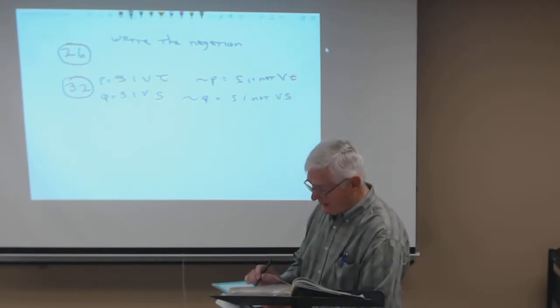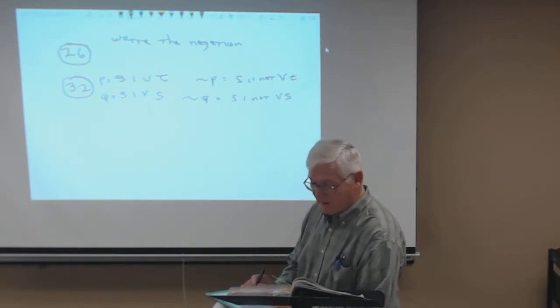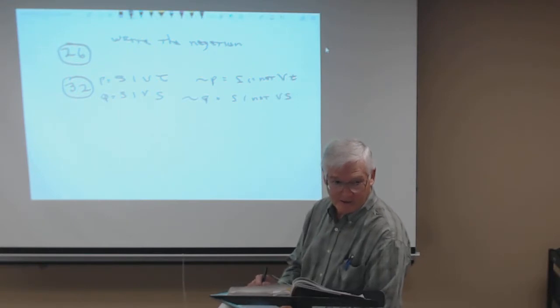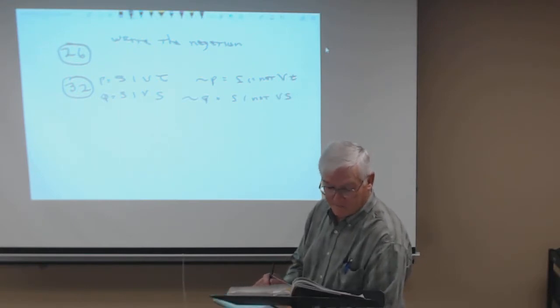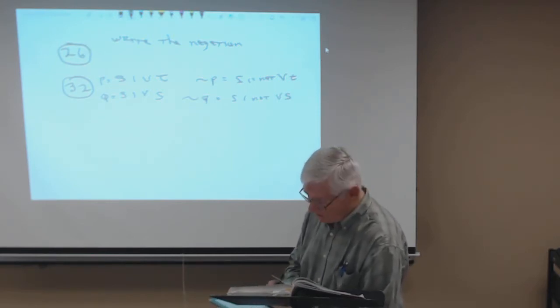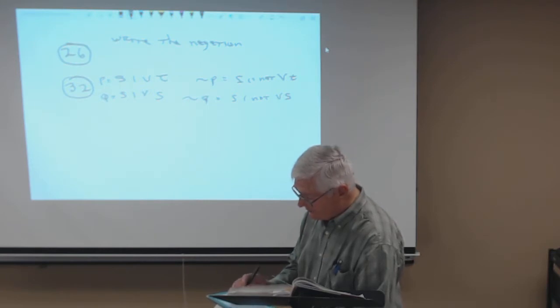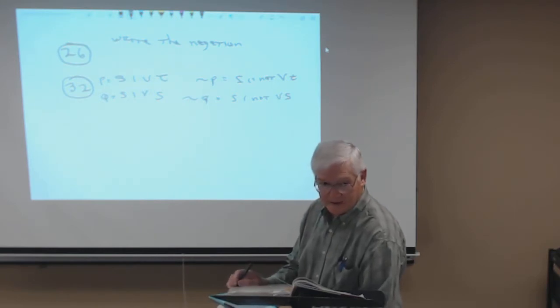In other words, I suppose you'd say if Sally's very tall, then she wouldn't be very short, but they don't negate each other. Okay, so for 32, are these negations? No. And that's why I wrote the negation out here, because for Q to be the negation of P, Q would have to equal not P. And it doesn't.